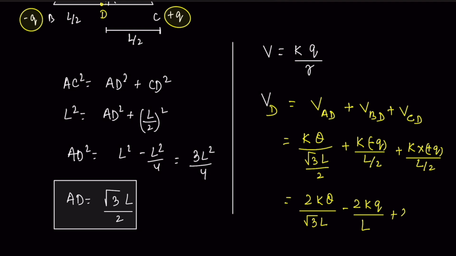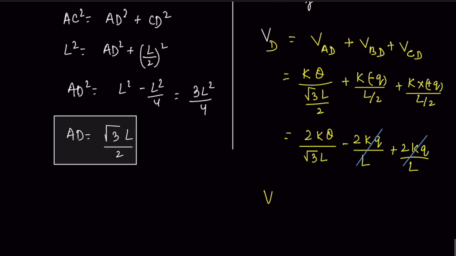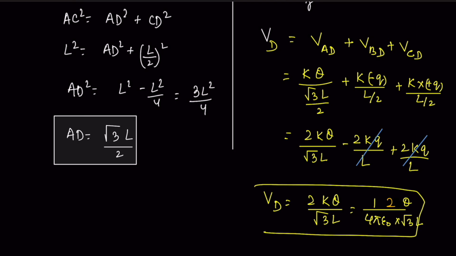So it is equal to 2Kq by L. Now as you see, these two are exactly the same in magnitude, so we can cancel them out. VD is equal to 2KQ by root 3 L. It can also be written as 1 by 4 pi epsilon naught, Q into root 3 L. So this is the answer of the second part.